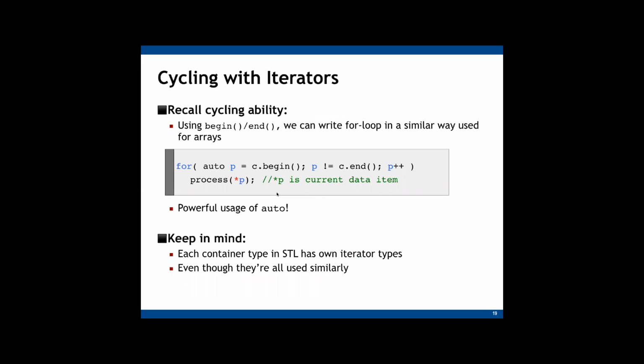This example code shows the common way to cycle through all the elements in the container class using iterator. Note that we use auto here, and we use the begin member function and the end member function to traverse all the elements stored in the container class C. And P here is the iterator, because this begin function returns an iterator which points to the first element stored in the container.